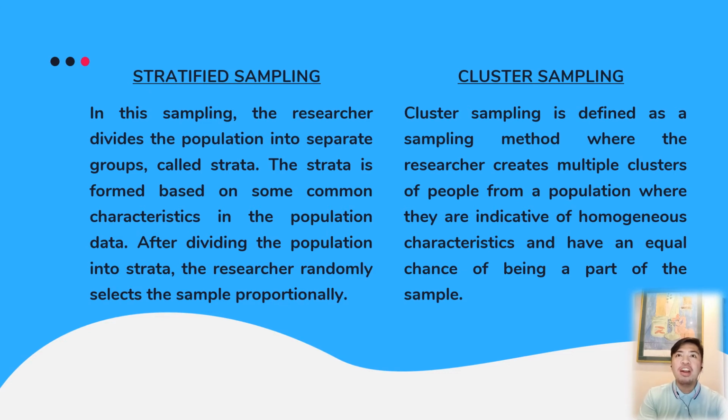Okay, so for example, since NCR has 17 cities, pwede ko silang i-divide into clusters according to their geographical location. For example, the northern cities, the southern, the eastern, and the western. So I will be having four clusters. Right? And then from each cluster, I will be selecting randomly samples for my study. Okay?